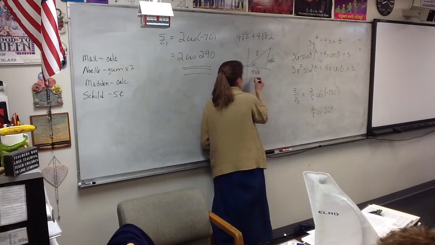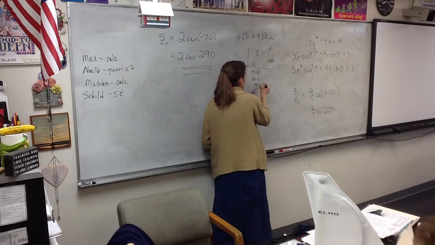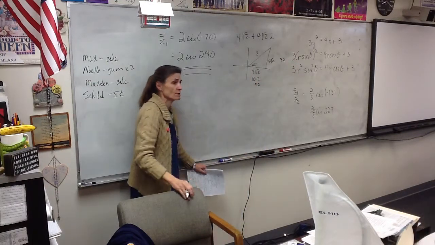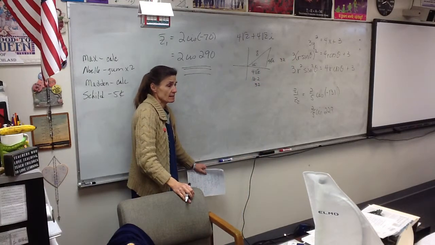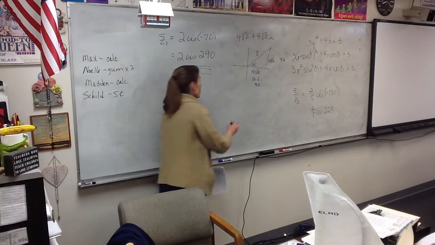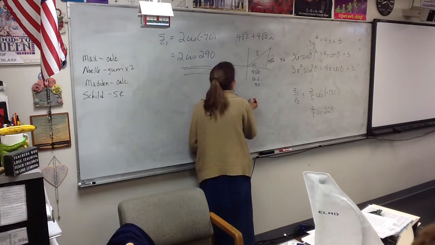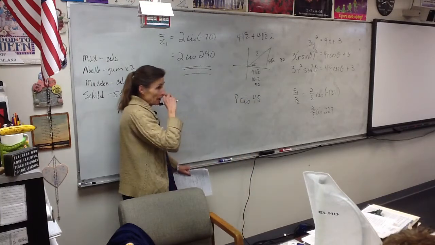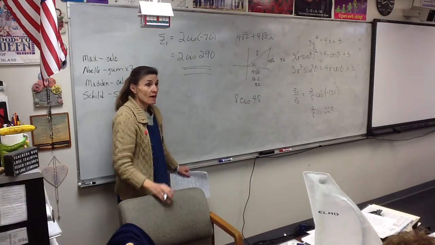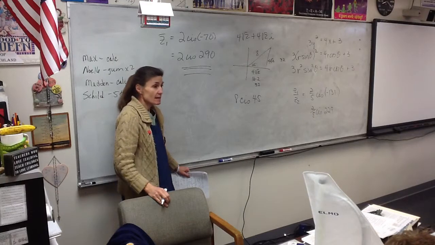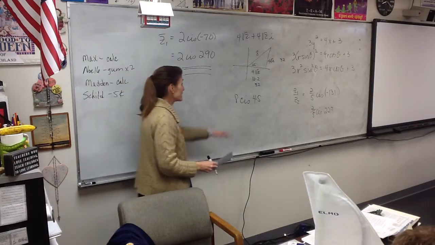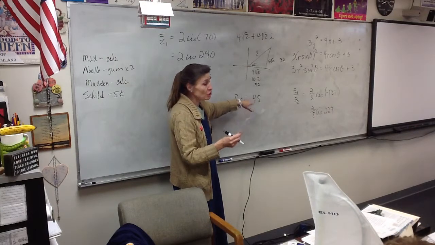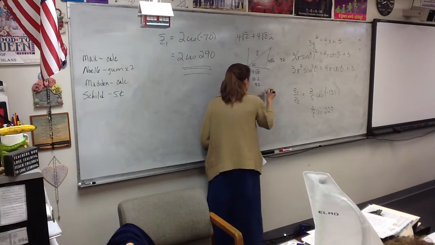You square this, you get 16 times 2, you get 32. 32 plus 32 is 64, and the square root of 64 is 8. So our number is 8 cis 45. That is not an answer. That is the problem. We need to find the cube roots of that.